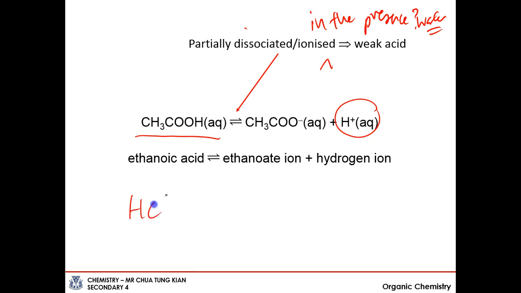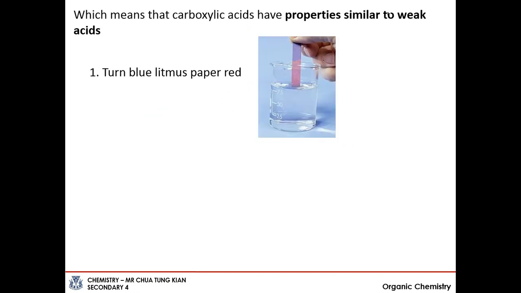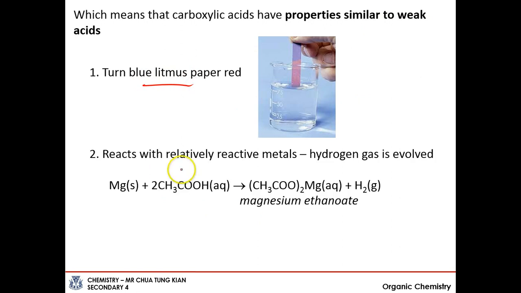So if I draw HCl here, it gives me H+ and Cl-. This is a complete dissociation to give me my H+ ions in aqueous solutions. Likewise, if I have an H+ for my carboxyl functional group, this compound can similarly exhibit acidic properties, which means that it will turn blue litmus paper red, and it can react with relatively reactive metals to give me salt and hydrogen gas.